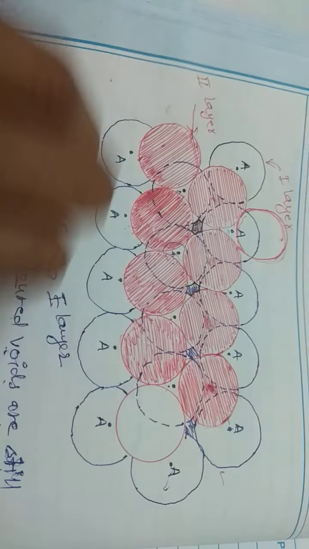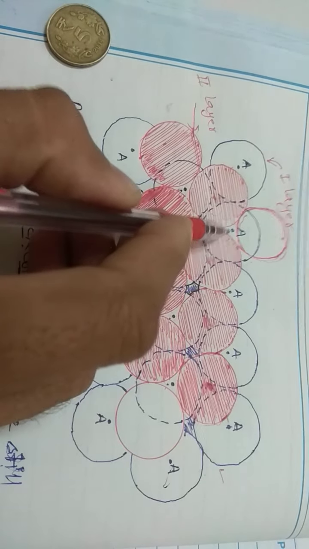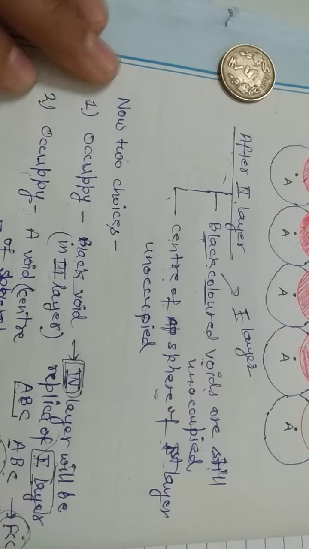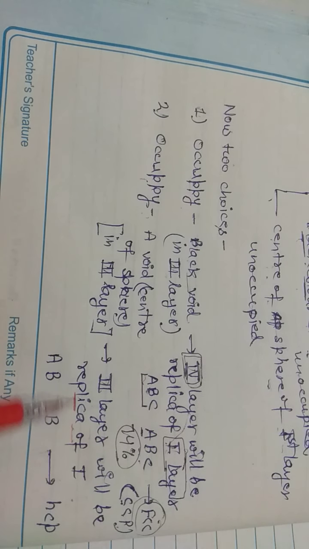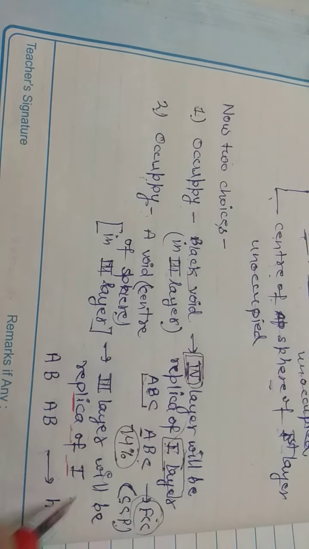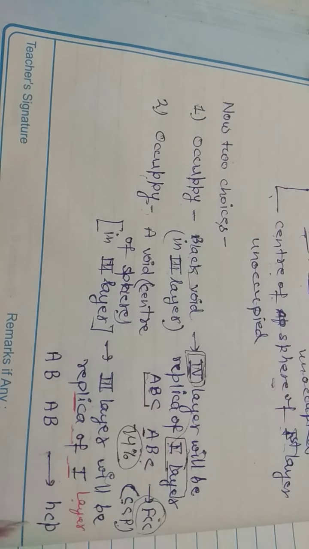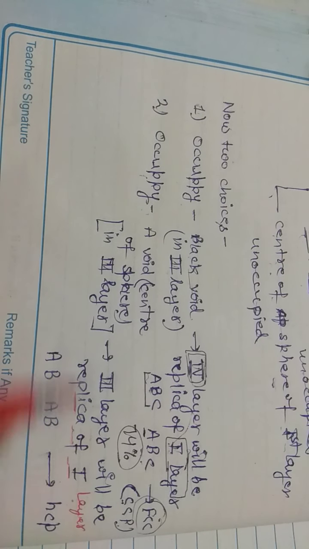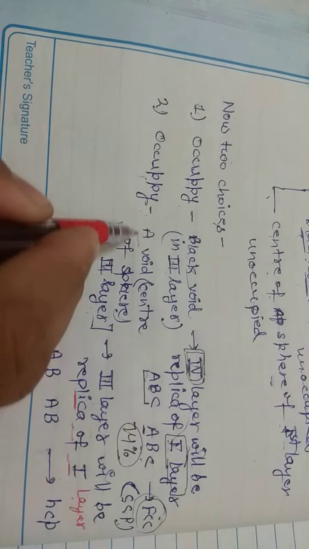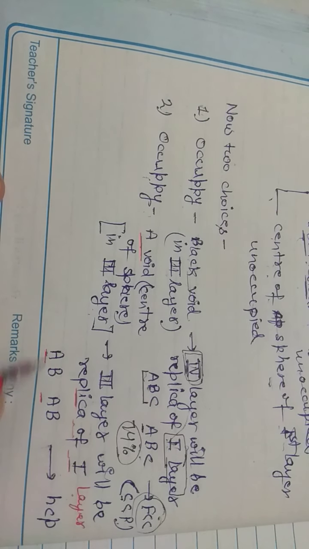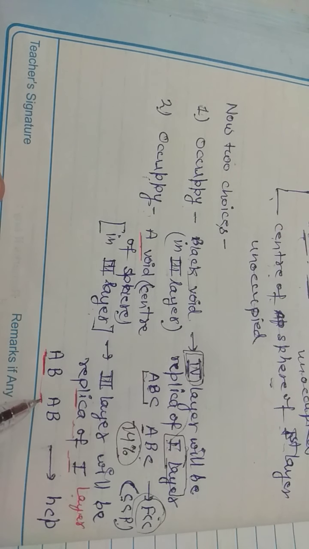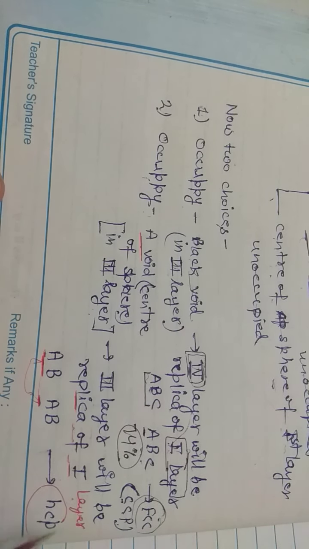So I want to say, if you occupy the void A, then the third layer will be a replica of the first layer. So here in this case, if you occupy the void A, the third layer is the same as the first. So after 2 layers, the third layer is the same as the first. This kind of structure will be hexagonal close packing.